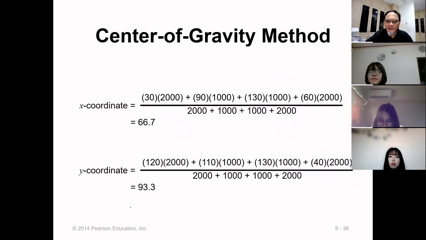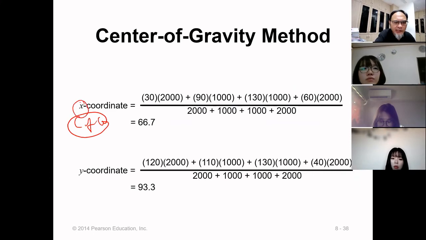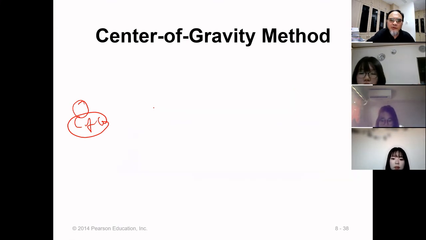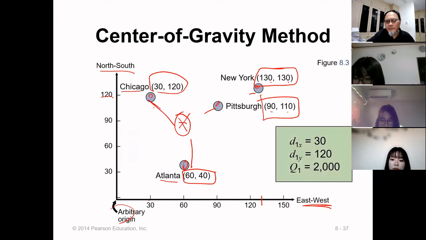Then you find the x coordinate for the new location, for the center of gravity. The x coordinate for the new location is going to be, for the first one, 30 multiplied by 2,000. Where is 30 coming from? Dix is 30.